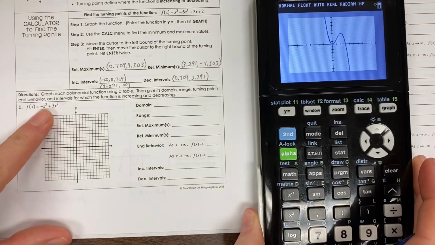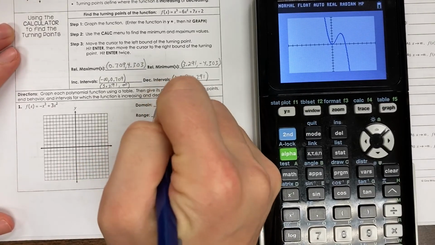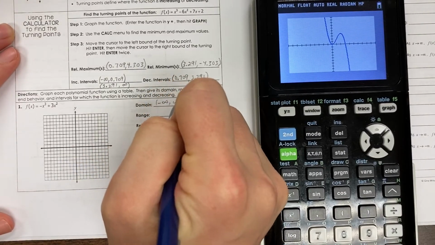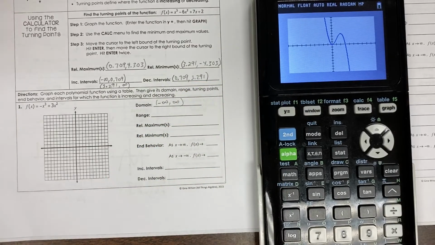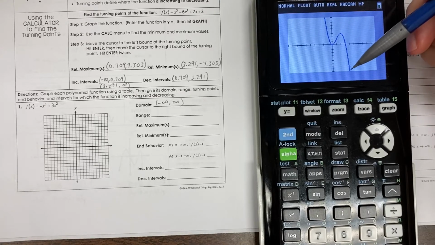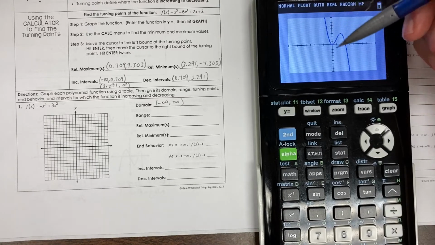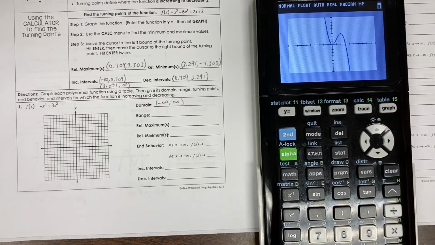The domain of any polynomial function is -infinity to infinity. And that's because if you think about all your x values, this tail right here goes to the left forever, this tail goes to the right forever, so every single x coordinate will have some point mapped to it.